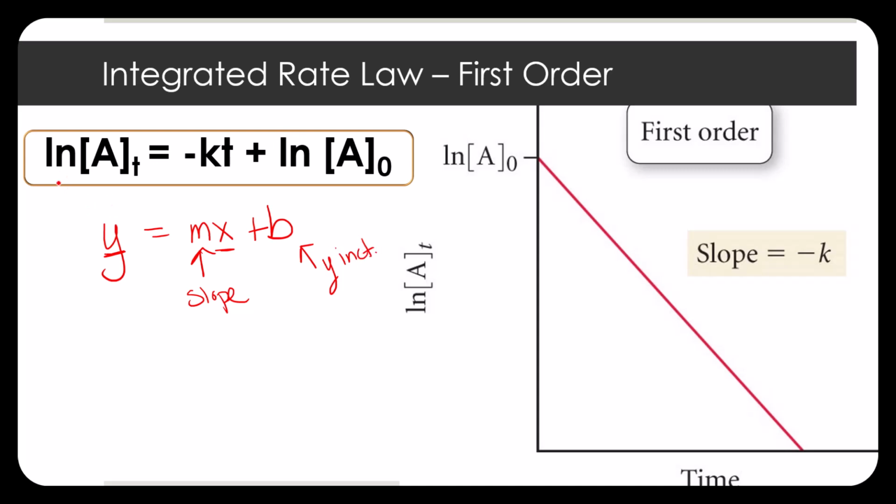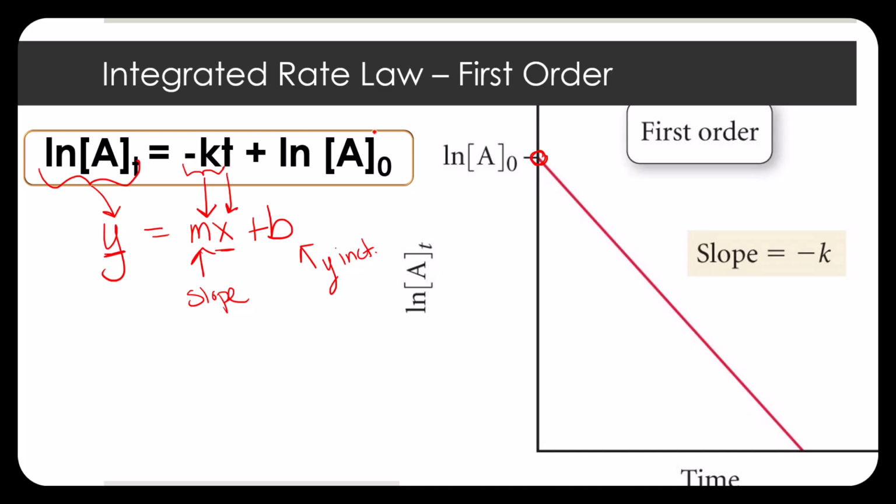So if I look at this, my y values are natural log of A, right? My slope is negative k. My x values are time, t for time. And then the natural log of concentration of A at time 0 is that y-intercept. It's where it intersects with it, okay?